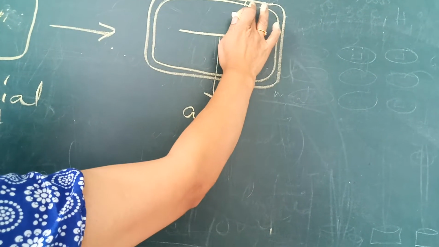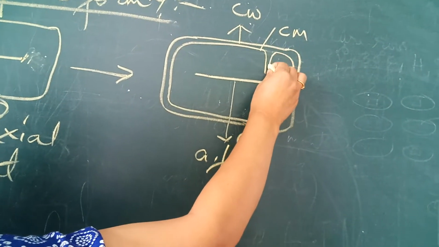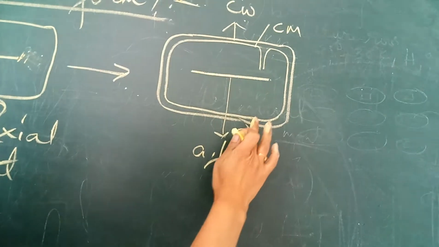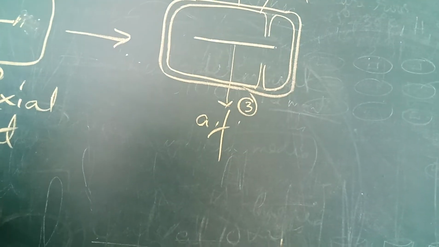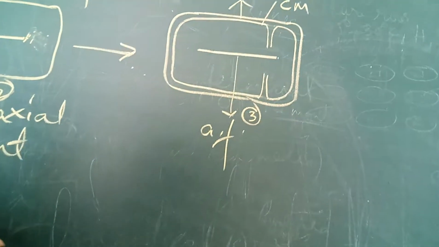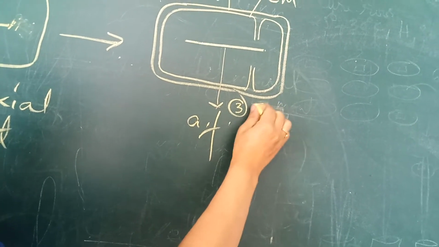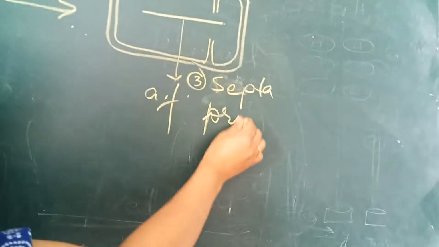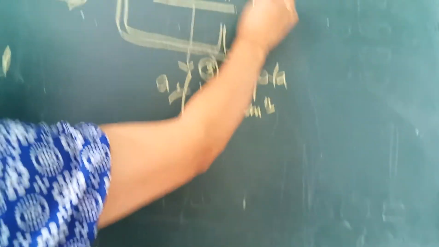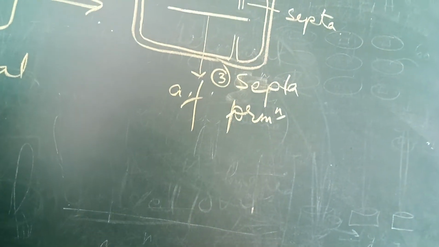In the third step, this cell membrane will slowly invaginate like this, inside the cytoplasm. So the cell membrane, or we call it septa formation, because these are nothing but septa. So this is the third step.